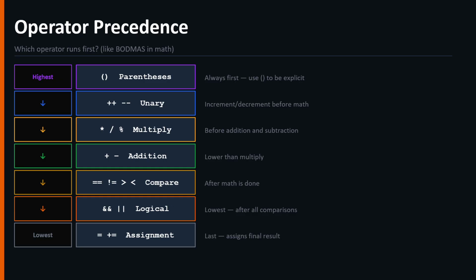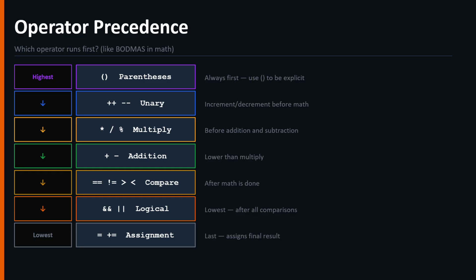And one of the most important concepts before the challenge: operator precedence. Just like in math, where multiplication happens before addition, BODMAS. Java also has an order in which operators are evaluated, from highest to lowest priority. Parentheses always run first. Use them when in doubt.